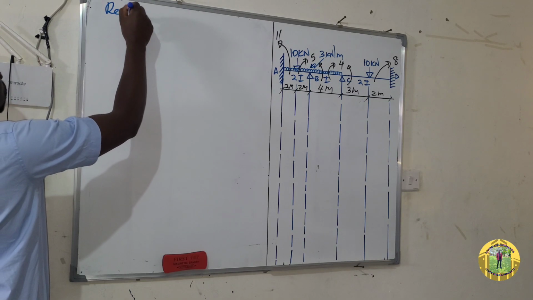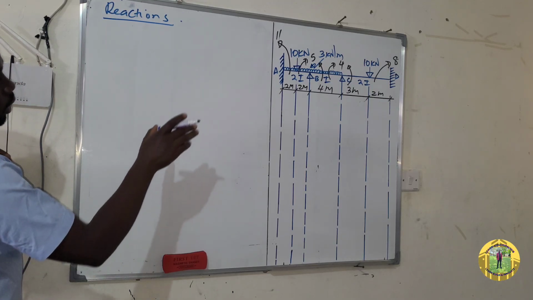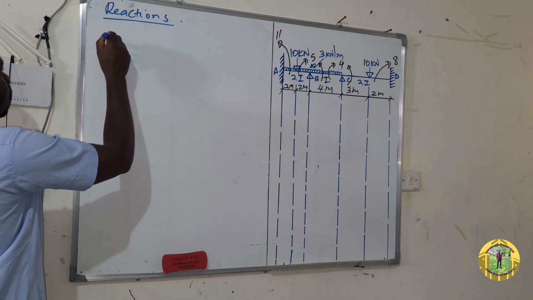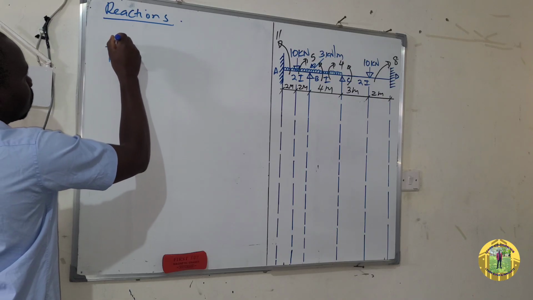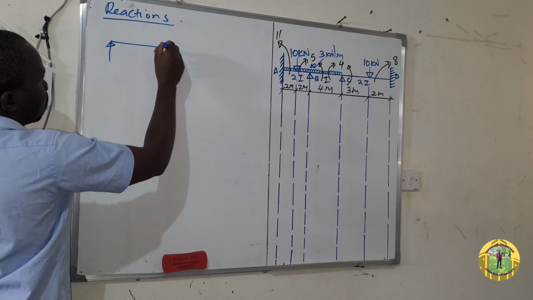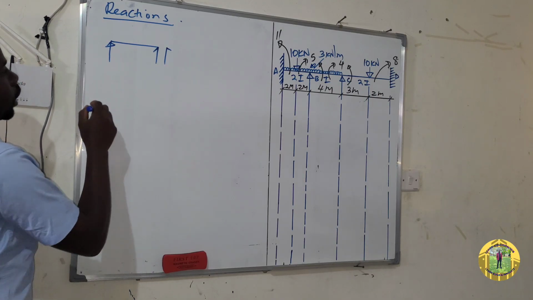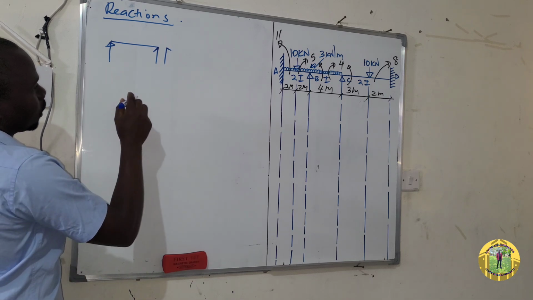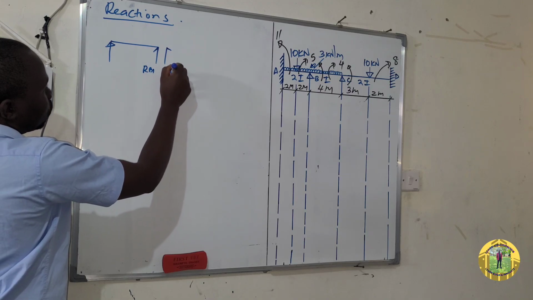Reactions. We split this continuous beam into simple beams. So this is how we do it. So a common joint like B, we will split it into 2 such that we will have RB1 and RB2.